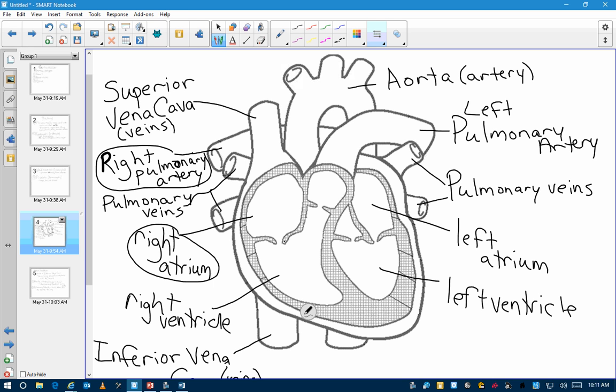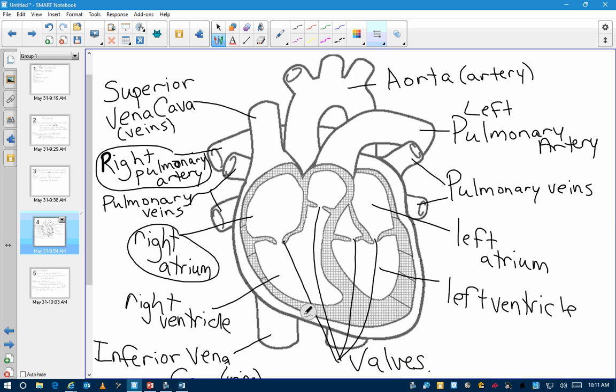So these guys here are valves. And they have their own fancy names, but let's just not talk about those for now. Okay. So there's another place there's valves, so in between the atrium and ventricles, but then this is a valve, and so is this. And so that valve is before it goes out to the pulmonary artery. So same deal though, it's going out so that it can't come back in.